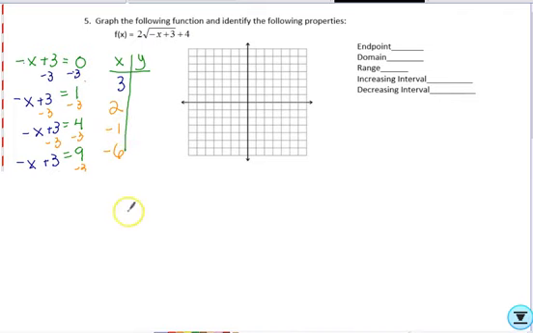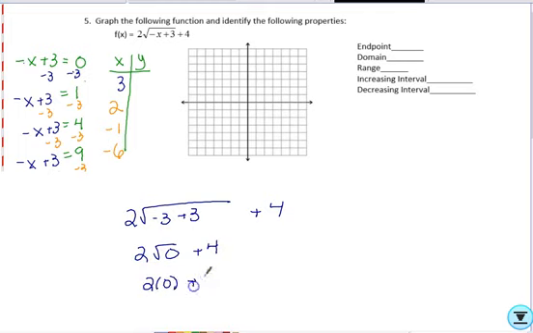All right, I'm going to substitute in 3. Well, I knew that gave me an argument of 0. That's 4. When I substitute in 2, I know that's going to give me an argument of 1. 6.